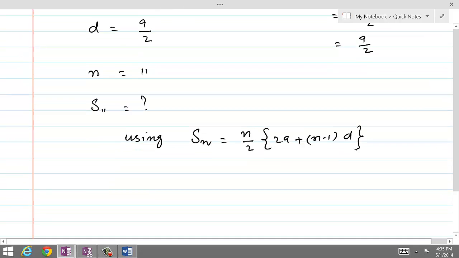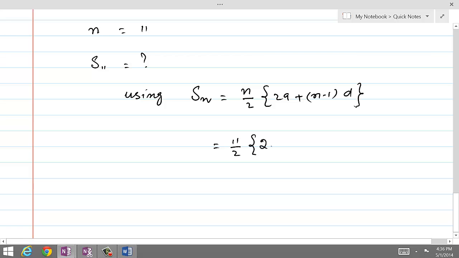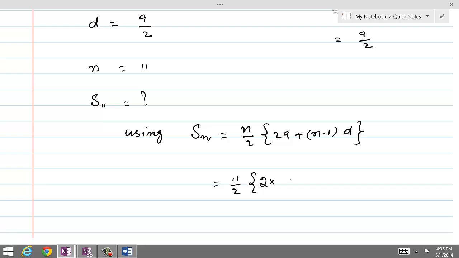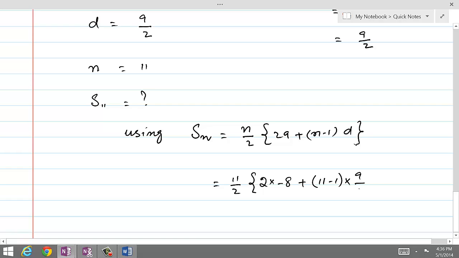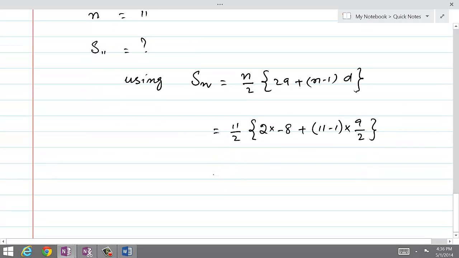To calculate the sum, we can substitute the values, which is equal to 11/2 into 2 times a. What is the value of a? The value of a is -8. So let's substitute that value, -8 plus n, which is again 11 minus 1 times d. d we have just calculated, that is equal to 9/2. And let's close the bracket and perform the indicated operations.